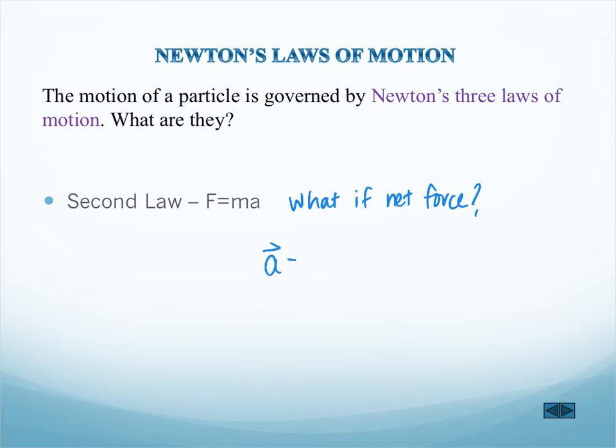Typically, when you're taught the second law, it's expressed like this, where we say that when an object is acted upon by a net force, the acceleration it experiences is directly proportional to the force and inversely proportional to the mass. And of course, you can see that that was just F equals ma rearranged.